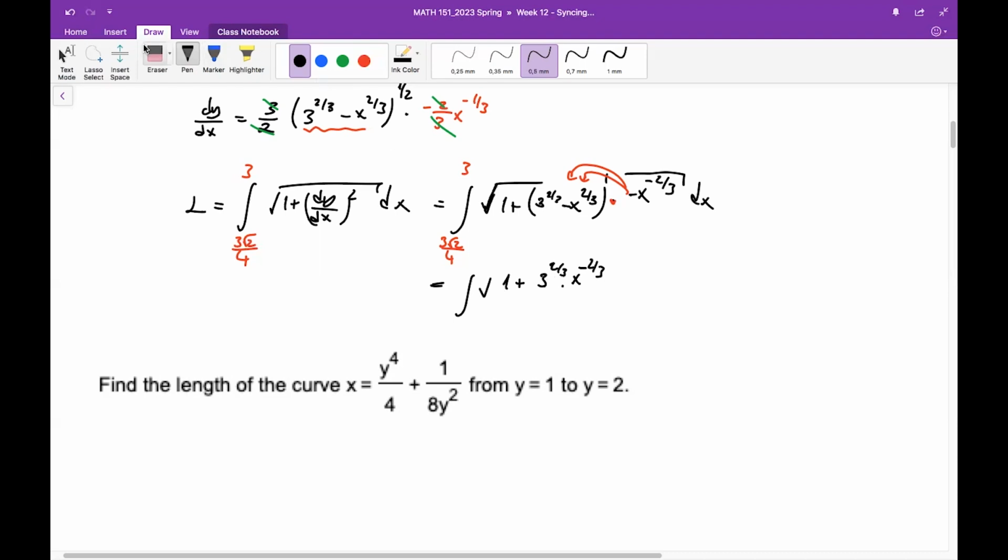Since there is this minus, I need to change this plus to minus, right? And then these two are multiplied. The powers are simplified. x to the power 0 is 1, minus minus is a plus. Yes. Something like that, right?